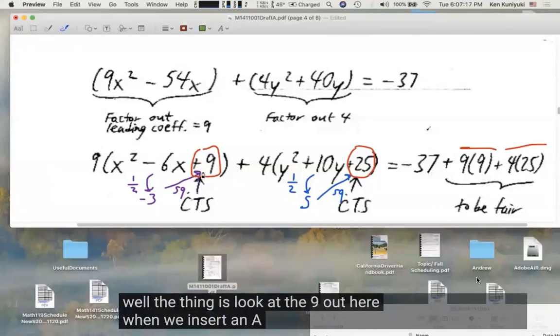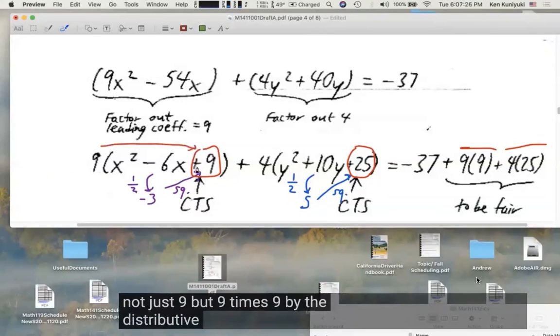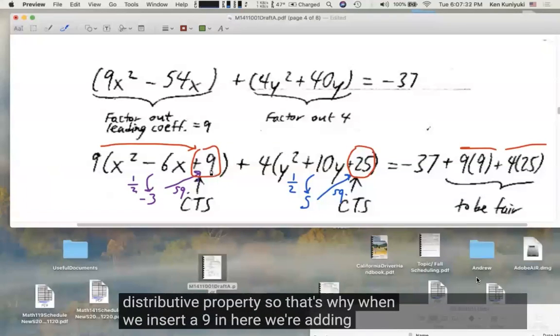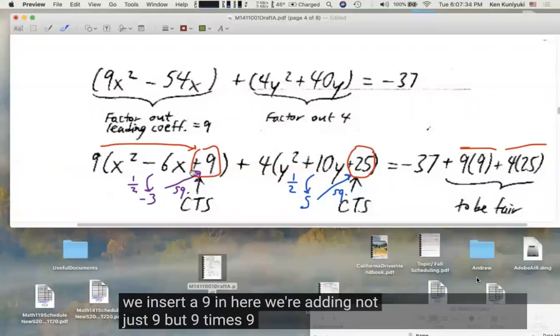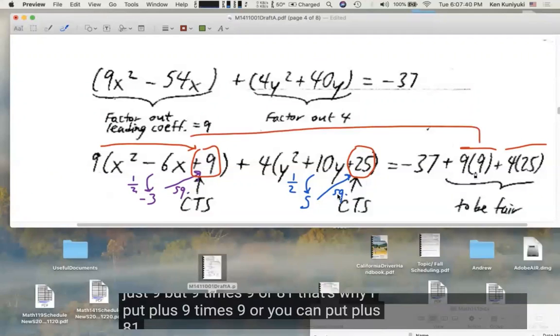When we insert a plus 9 inside the parentheses, we're actually adding not just 9, but 9 times 9 by the distributive property. That's why I put plus 9 times 9, or you can put plus 81 over here.